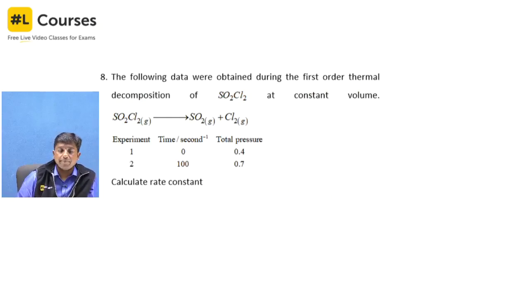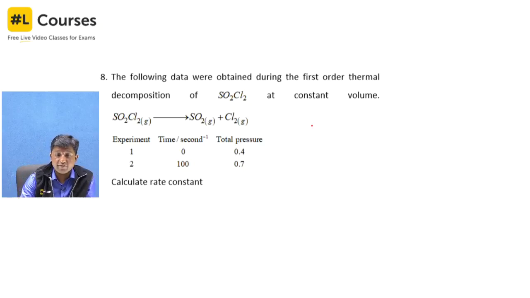The following data were obtained during the first order thermal decomposition of SO2Cl2, sulfonyl chloride, at constant volume. Students, if you go through this equation, you can see that the reactant and products are gaseous in state, and decomposition of SO2Cl2 follows first order kinetics.